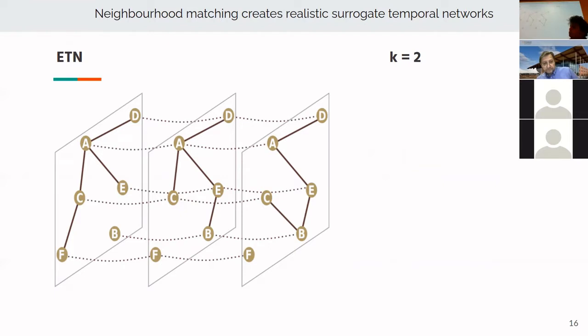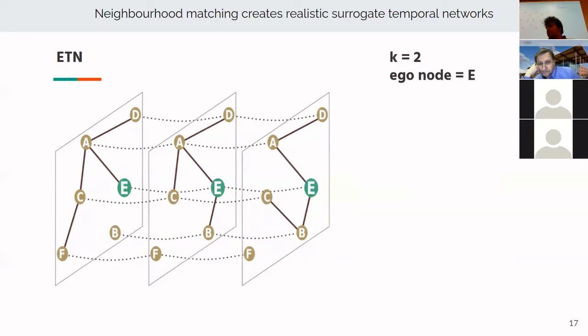Now, let me introduce you to the egocentric temporal neighborhood, ETN for short. Suppose that we have our sequence of ordered static networks. What we can do is, of course, map each node to a different layer. Here, one layer represents one temporal step. Suppose that we choose k equal to 2. So we have 3 layers in this case, with k equal to 2.